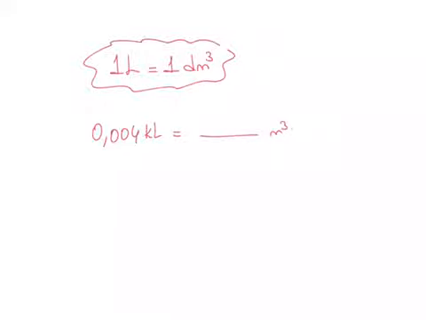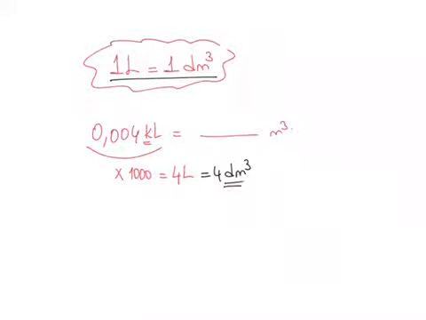First, I'm going to convert kiloliter into liter. So I'm going to multiply by 1000 because the meaning of kilo is 1000, so it is equal to 4 liter. As 1 liter is equal to 1 decimeter cube, so 4 liter is equal to 4 decimeter cube.